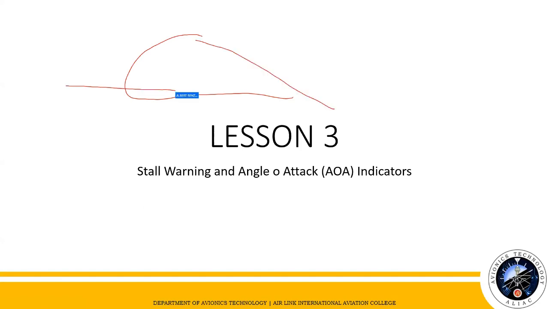At a certain angle, the airflow over the wing surface is insufficient to create enough lift to keep the aircraft flying, and a stall occurs. An instrument that monitors the AOA allows the pilot to avoid such a condition.